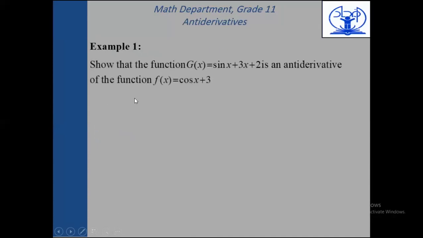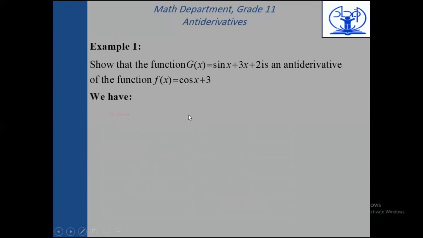Example 1. Show that the function capital G of x equals sine x plus 3x plus 2 is an antiderivative of the function f of x equals cosine x plus 3. Again, capital G is an antiderivative of small f if and only if the derivative of capital G is small f.